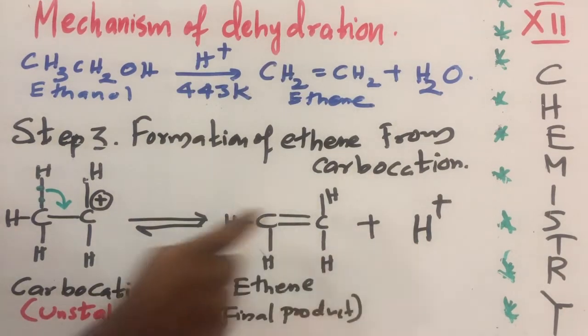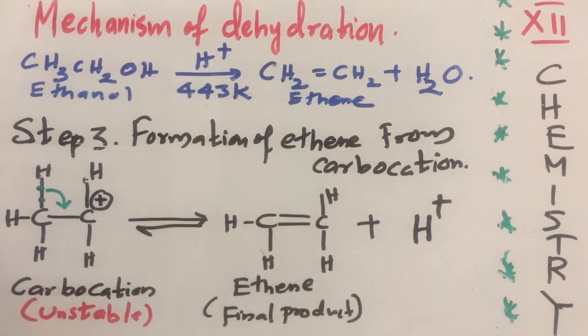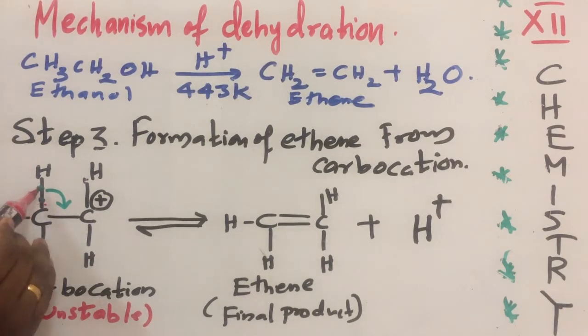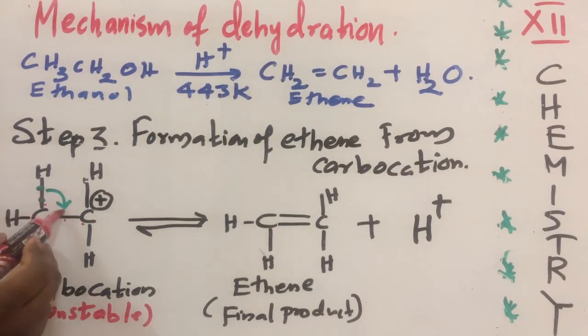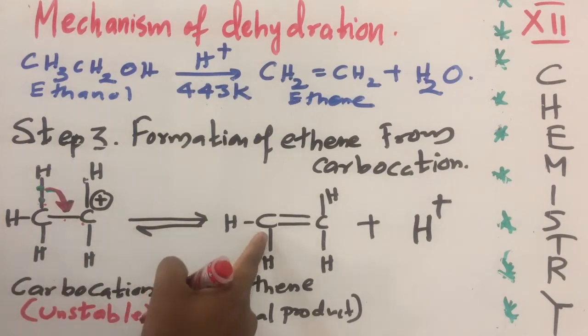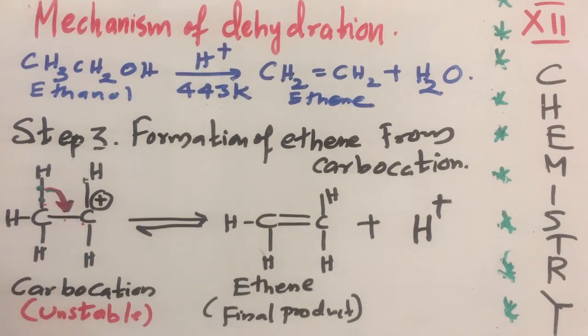How is the proton removed from carbocation? Let's see here. The two electrons between carbon and hydrogen will shift to the carbon single bond carbon. After shifting these two electrons, carbon single bond carbon becomes carbon double bond carbon.